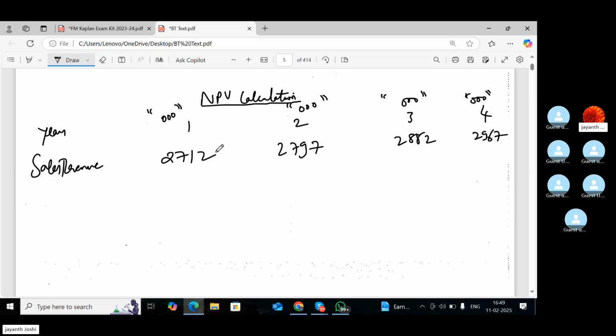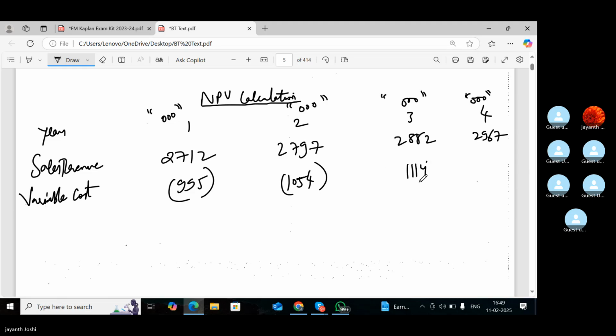So these were the sales revenues. Whatever the variable cost which we have calculated, we'll put it here. These variable costs are expenses we need to subtract. The ultimate aim is to find out the cash flows. Then we have contribution.